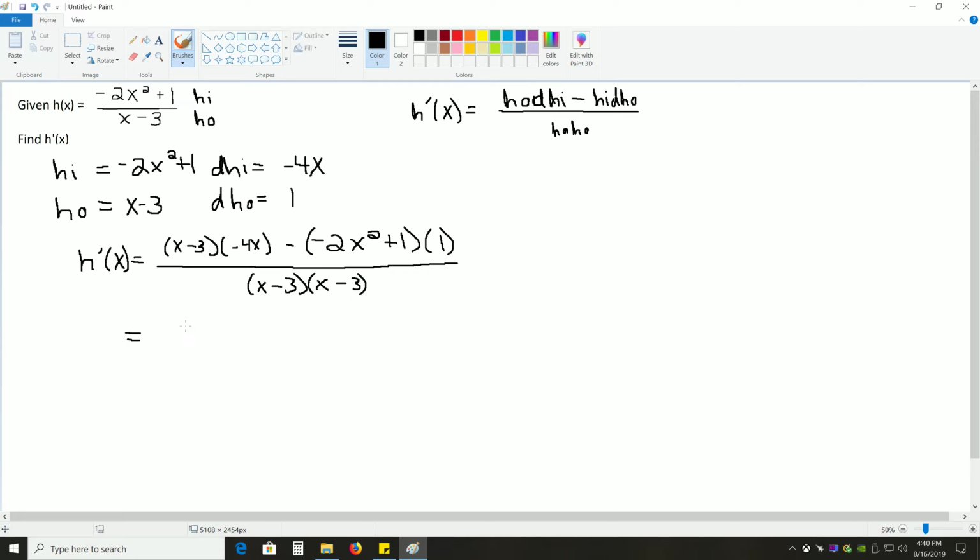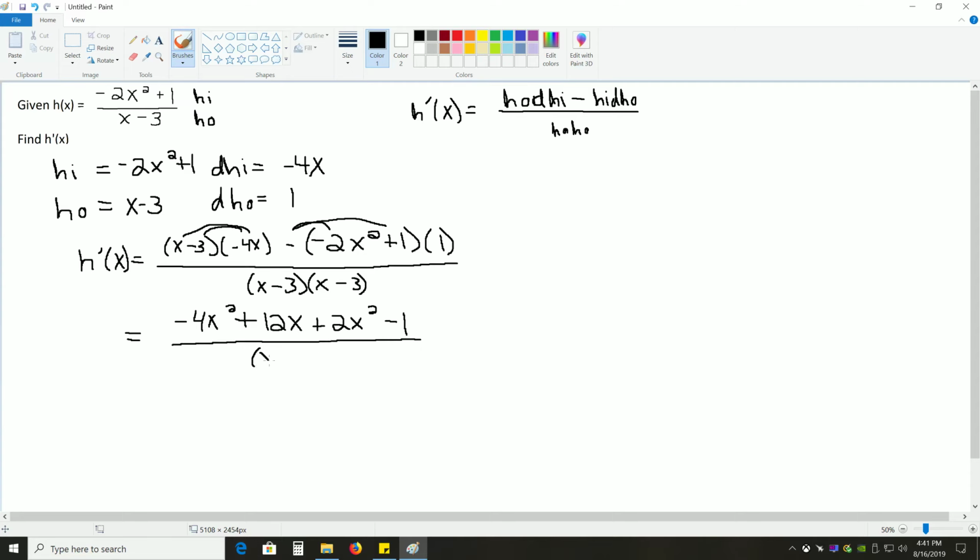And now it's just a matter of combining like terms, simplifying, and seeing if we can factor any common terms out. So we'll distribute this negative 4x first to get negative 4x squared plus 12x. And then we'll distribute this negative to get plus 2x squared minus 1.